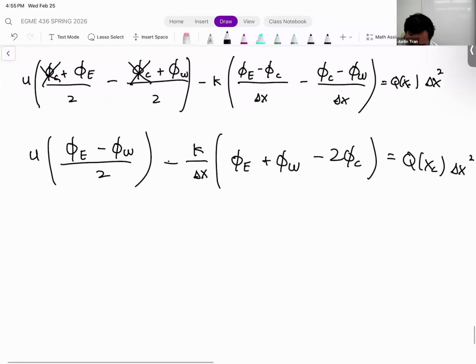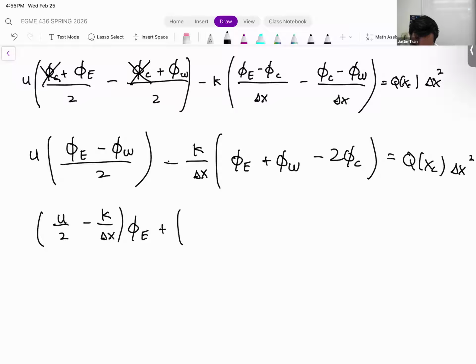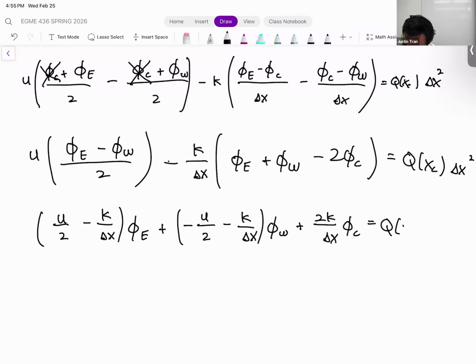So for phi sub e, the coefficient is u divided by 2 minus k over delta x, multiplied by phi sub e. Plus the coefficient in front of phi sub w, which is minus u divided by 2 minus k over delta x, times phi sub w. Plus 2k over delta x, phi sub c, is equal to q at xc delta x squared.